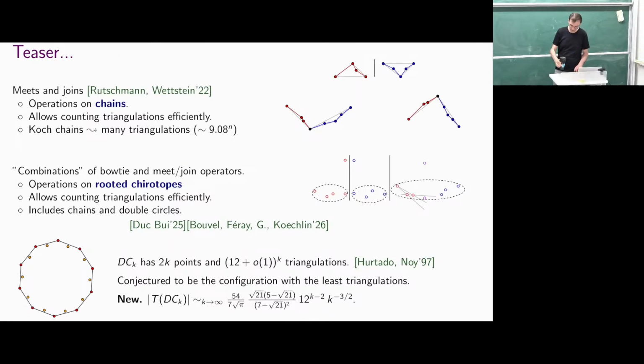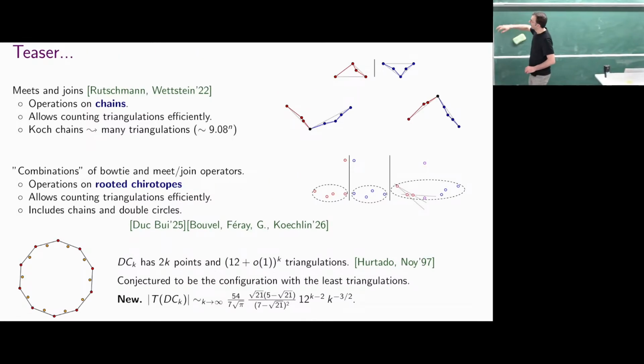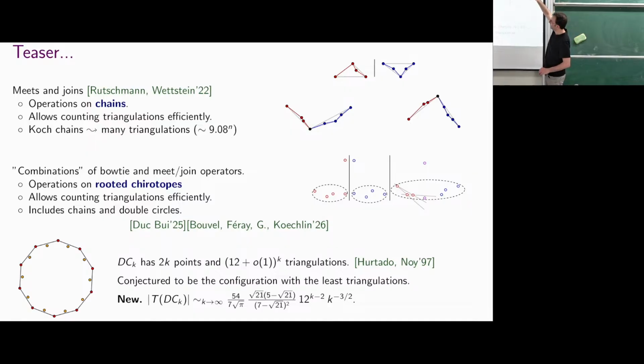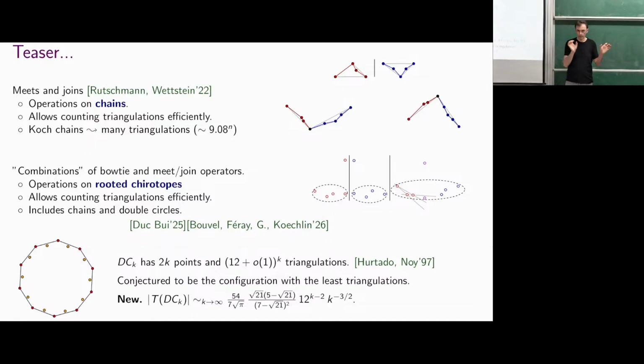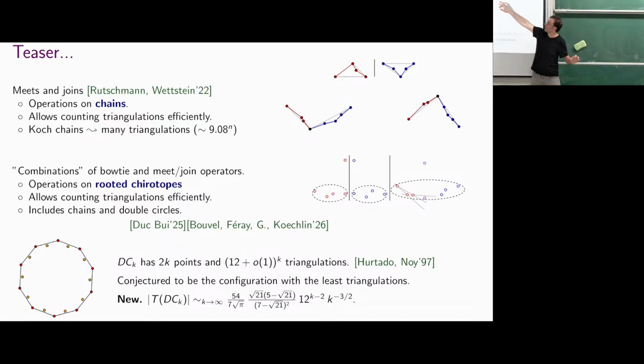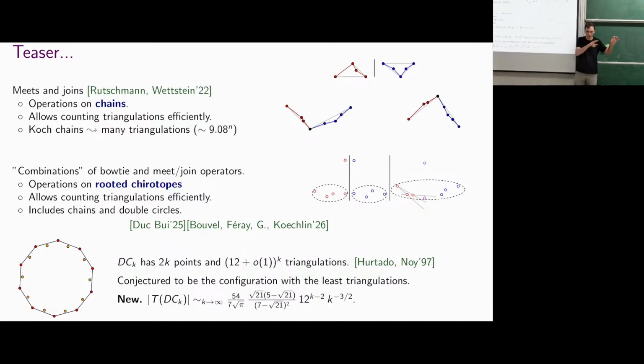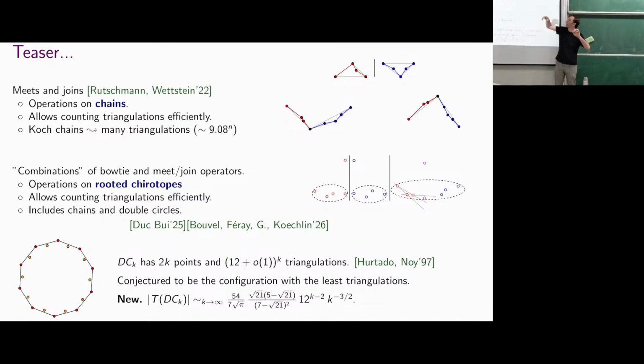So let me mention what we tried. What Manuel and Daniel did here was, the reason they call this a chain is you start with segments, then you pair them up and you do a join on all pairs, and then you do a wedge on the next level, then you join, then you wedge, and so you get something that looks a bit like a chain, but very discrete.